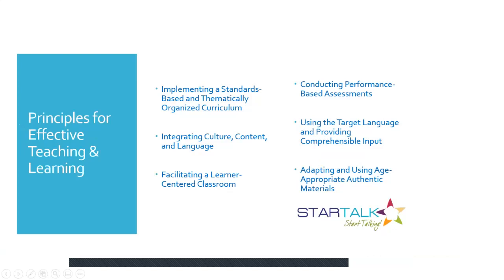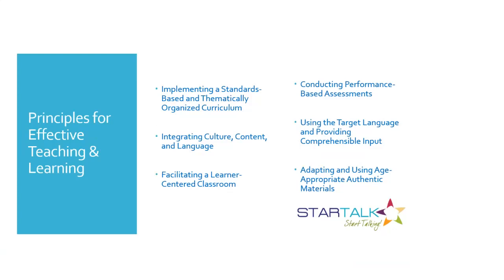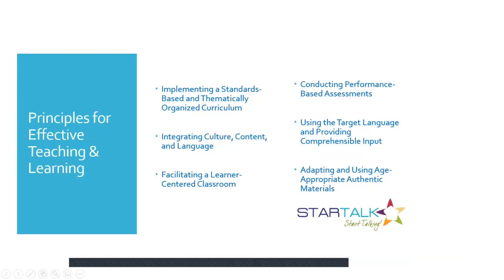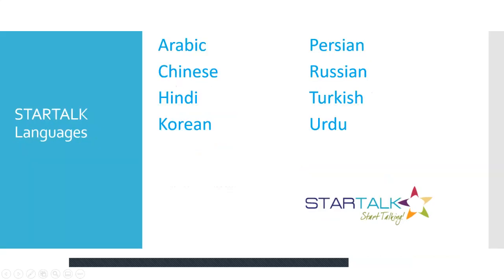I think that wordwall.net, which is offered in a free or paid version, I have only used the paid version, really very effectively addresses the StarTalk principles, primarily facilitating a learner-centered classroom and adapting and using age-appropriate authentic materials. You will see these are interactive activities and games that kids just love.